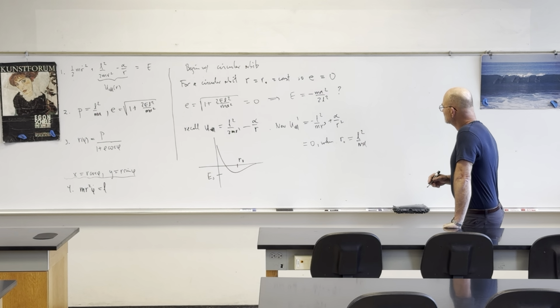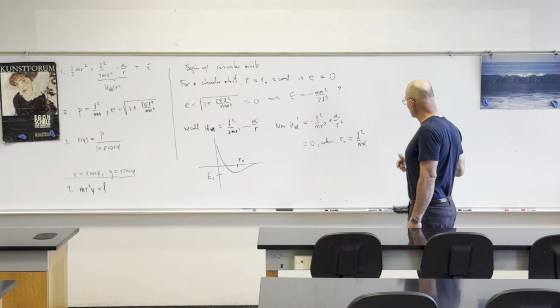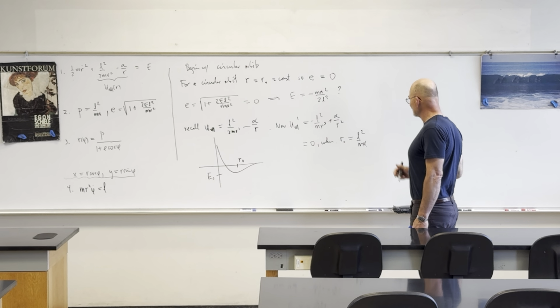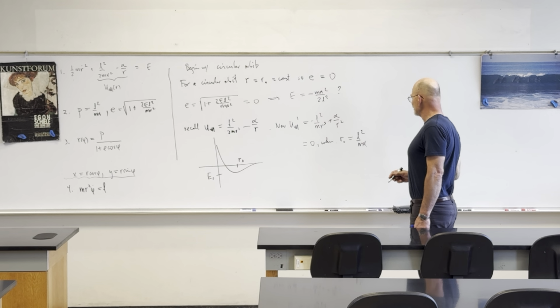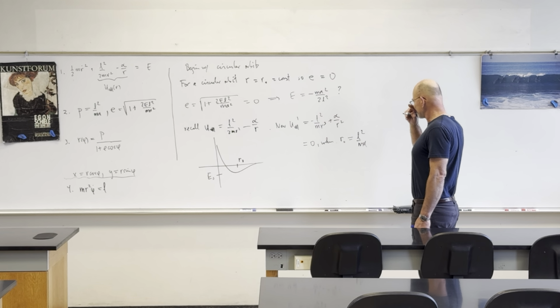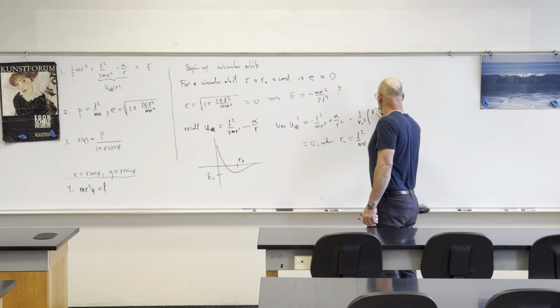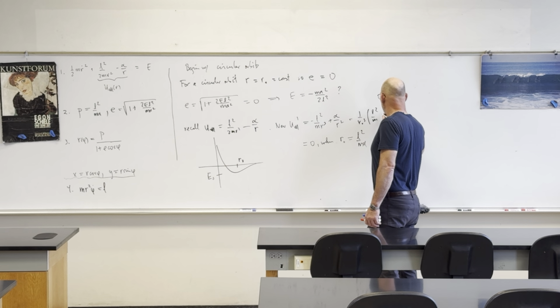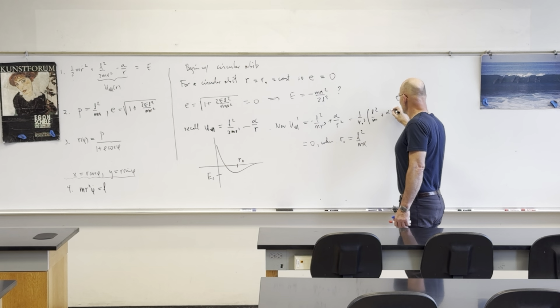That make sense? Okay. So that's when this equals 0. You factor out an R cubed: 1 over R naught cubed times L squared over M minus alpha R naught.